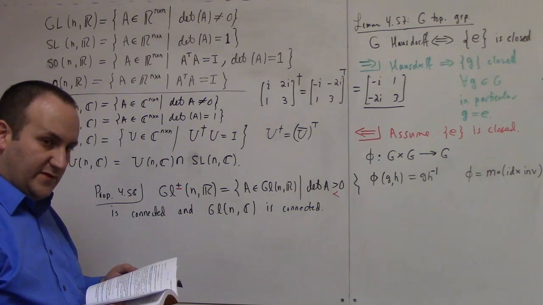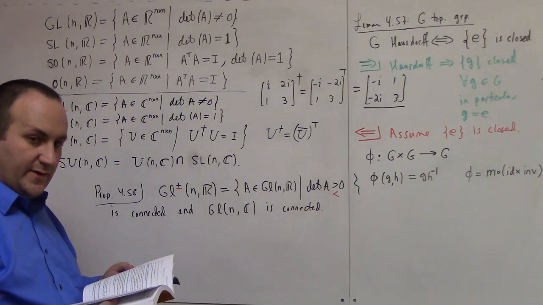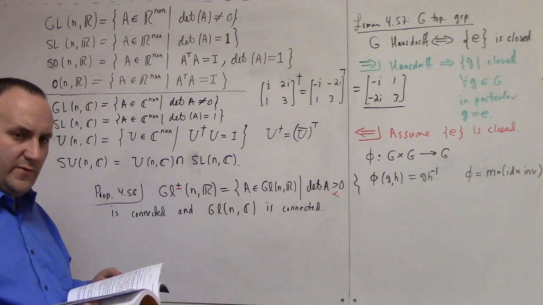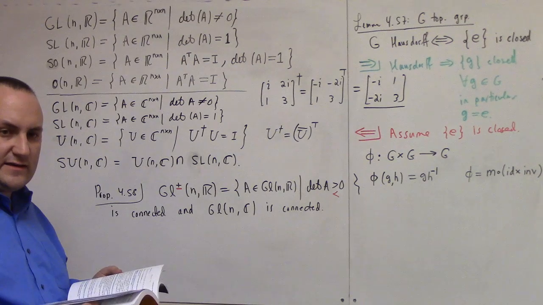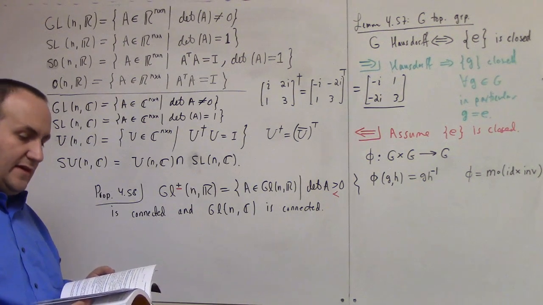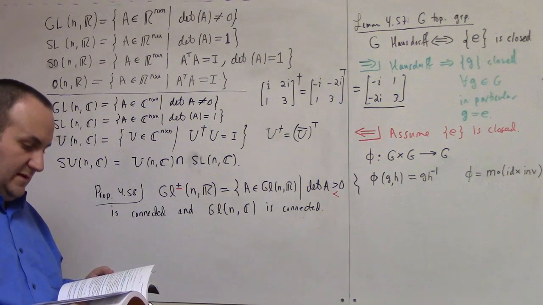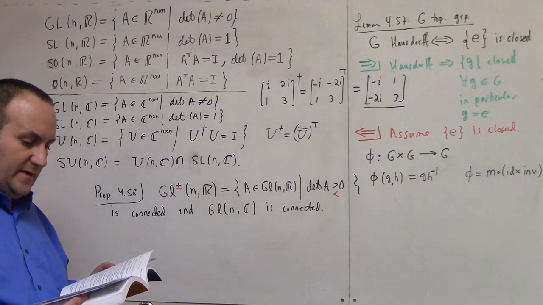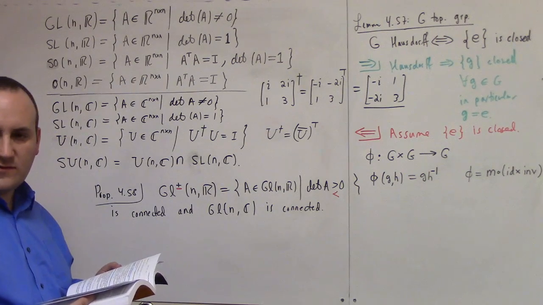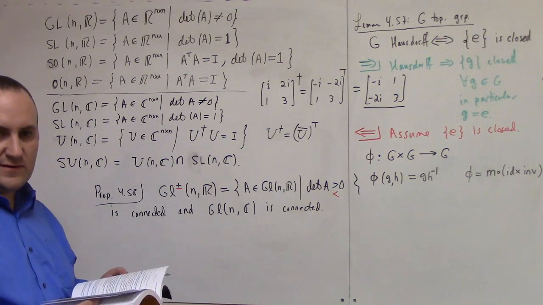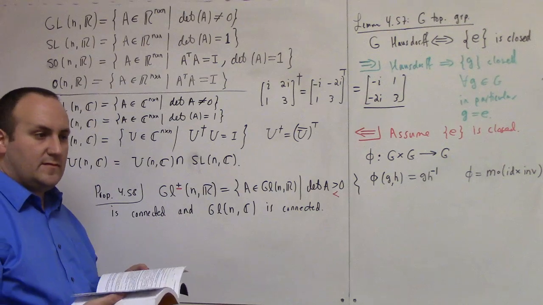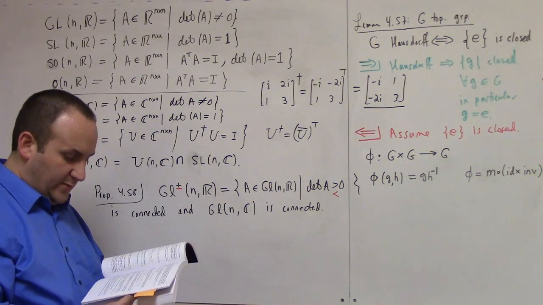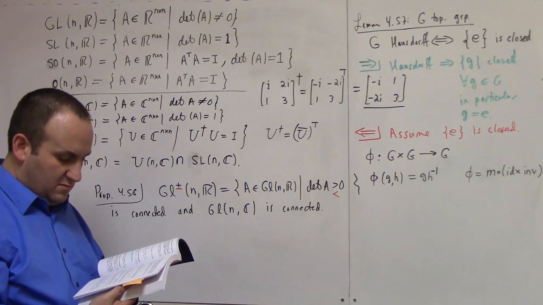If the inverse image of y is compact for every y, then X is compact. So there's kind of this theorem for both cases, for both compact and connectedness. If you have the condition on the fibers, and if you have a closed map, or in the other case also open, then you get compactness or connectedness of the domain from the compactness or connectedness of the fibers, provided that it's a closed map, or in the connected case, closed or open by lemma 4.18.